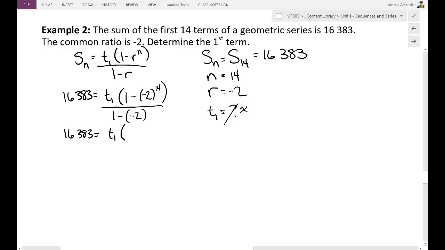Term 1, I'm going to simplify a little bit here. 1 subtract -2 to the power of 14 is 16,384. And remember, subtracting a negative is the same as adding a positive, so this is going to be all divided by 3.